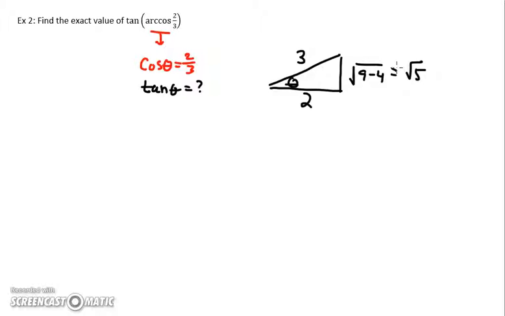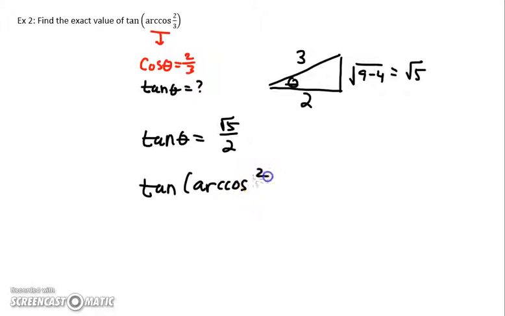So now we have the entire triangle. We need to find the tangent. The tangent of this angle is the opposite over the adjacent. So we know that the tangent of theta is radical 5 over 2, which means that the tangent of the arc cosine of 2/3 is radical 5 over 2.